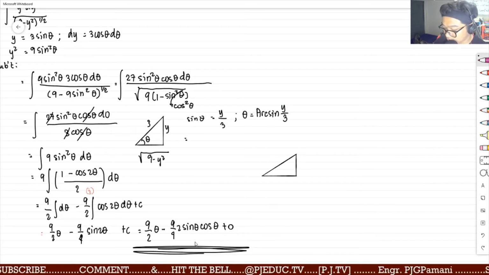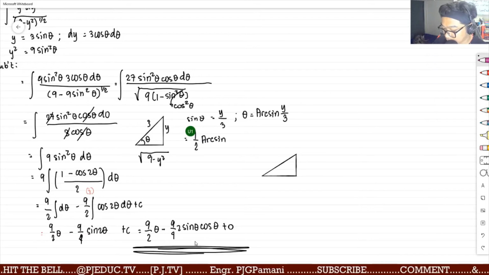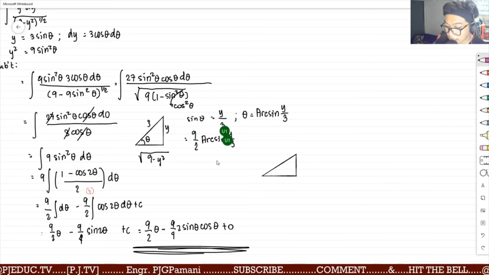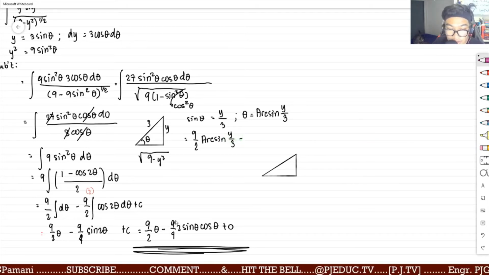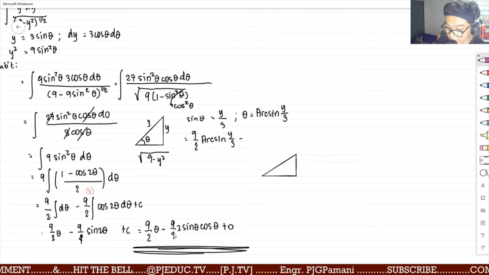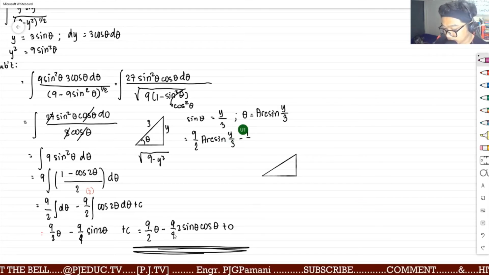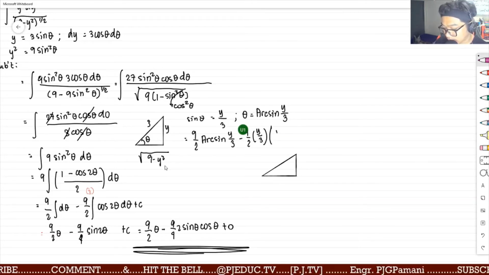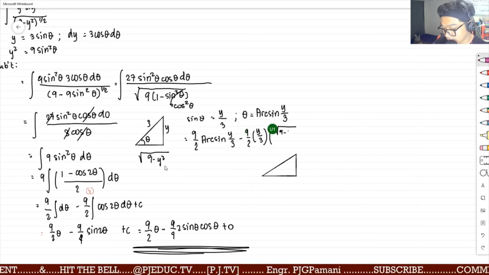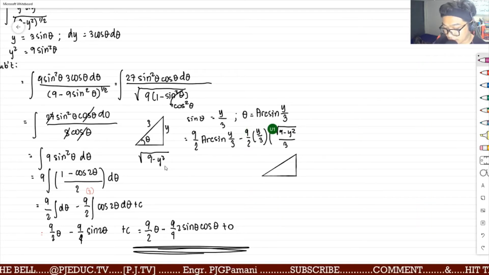9 over 2 times theta, which is arc sine y over 3. And minus, that is 9 times 2 all over 4, which is 9 over 2. Sine theta, which is y over 3. Cosine theta, adjacent over hypotenuse. That is square root of 9 minus y squared over 3 plus c.